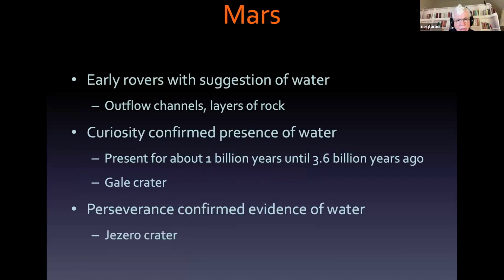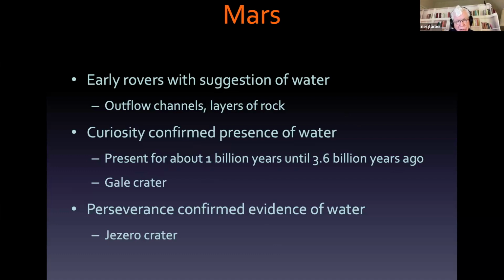So Mars, you guys may all know this, so I may be just talking to the converted, but even the early rovers had a suggestion of water. They found outflow channels, layers of rock, indicating probable sedimentary rock.